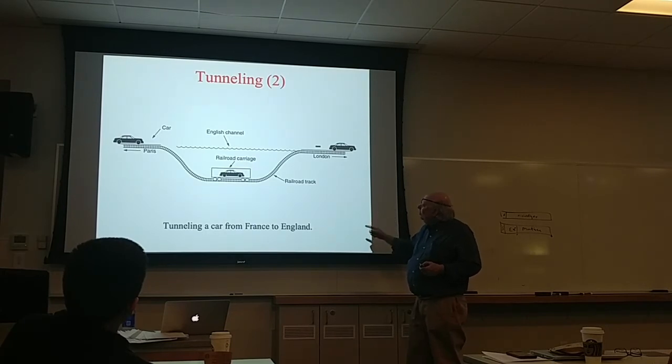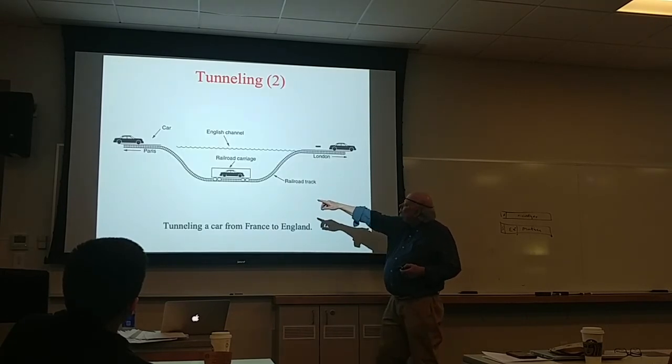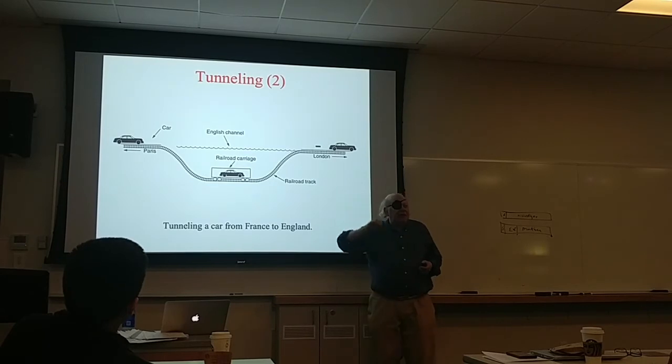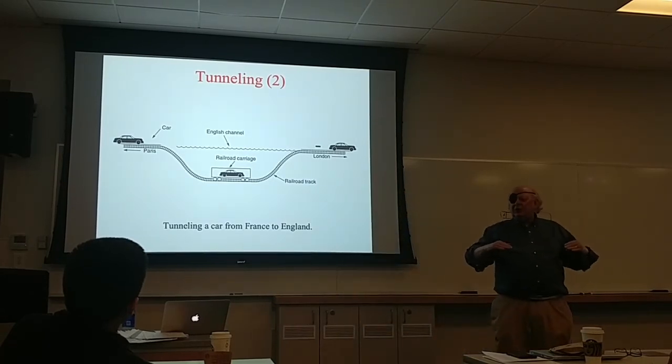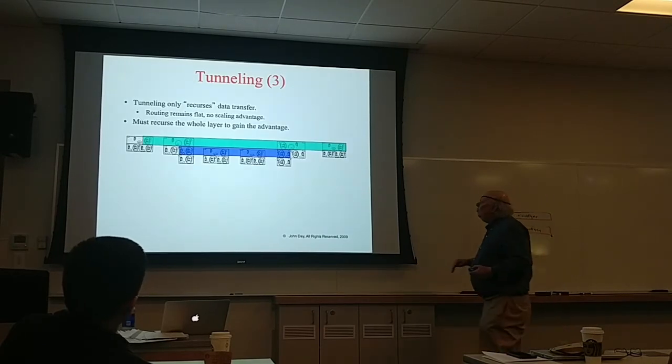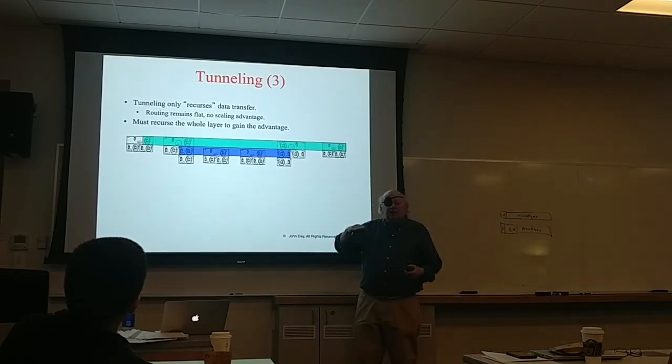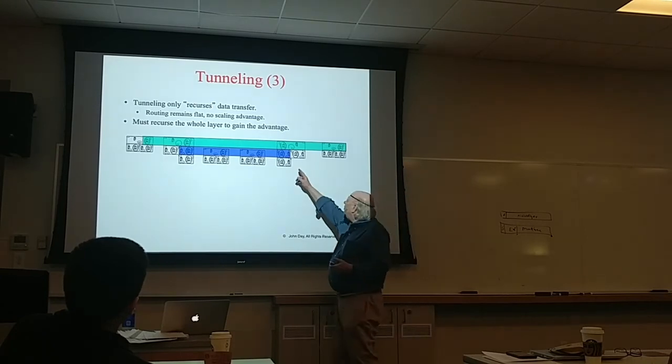What they should be doing is not just encapsulating the data packet, but they should be reinstantiating the routing as well. If you do that, then you can keep smaller router tables.